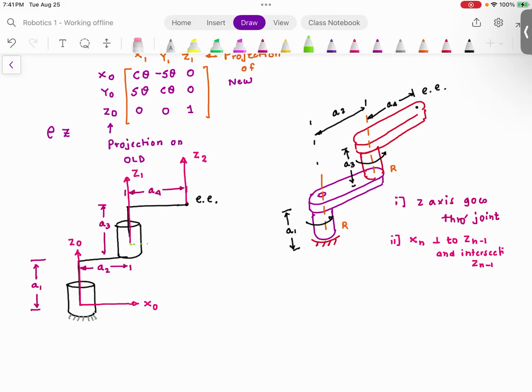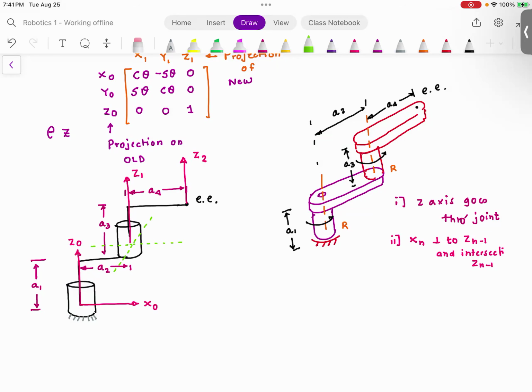I'm going to show you potential locations of X1. As shown over here, you can have X1 in this direction. You can also have X1 in this direction, or in that direction. So you have 4 possible directions for X1.